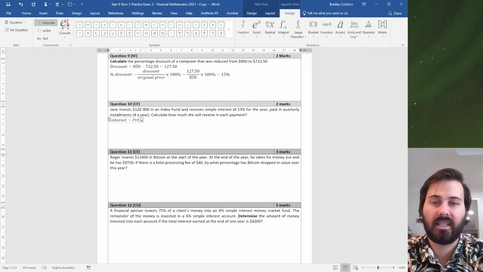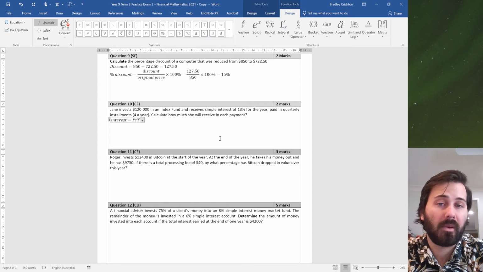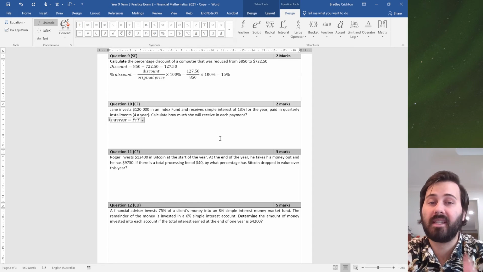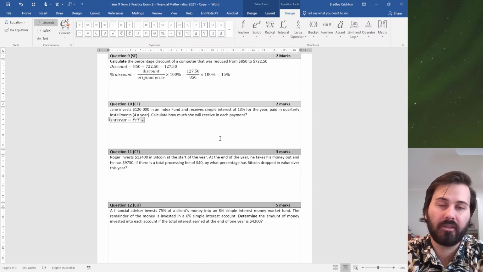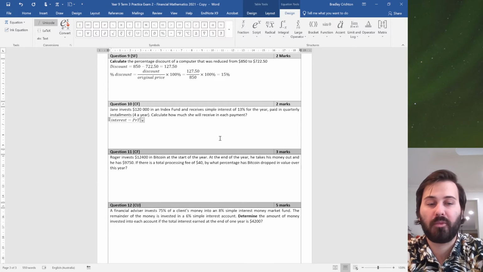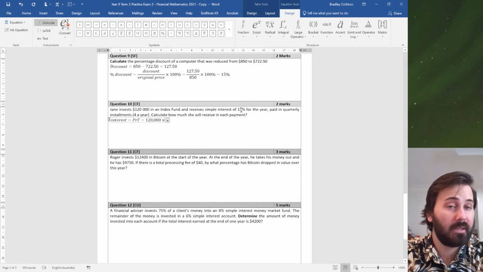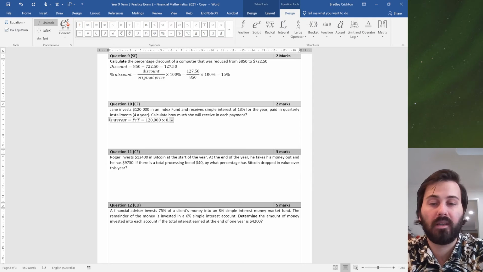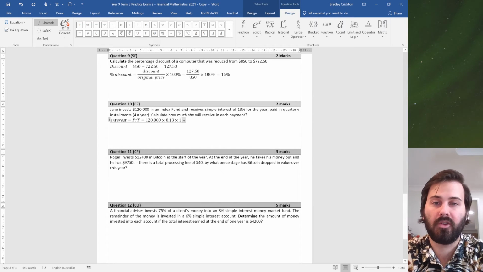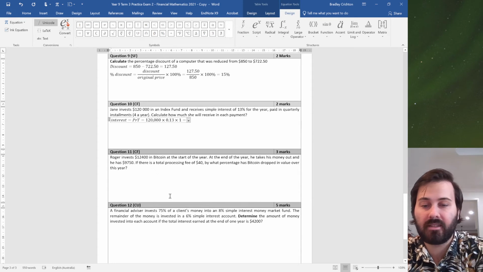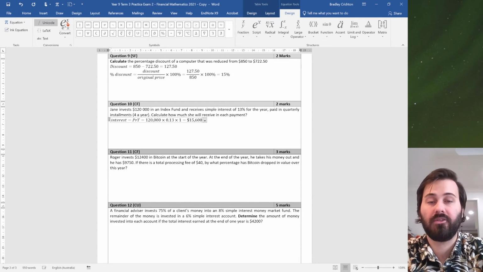So PRT divided by 100, but if we convert our percentage into a decimal, we don't have to do that step. So our principal is $120,000. Our rate is 13%, so that is 0.13 as a decimal, and we're looking at 1 whole year, so times 1. That is equal to 15,600.